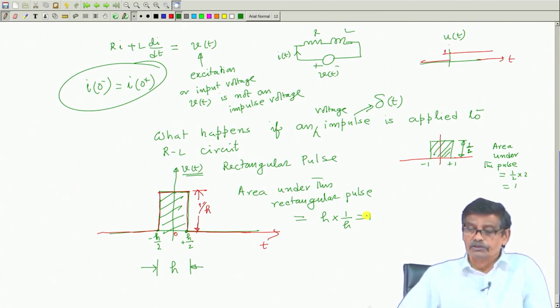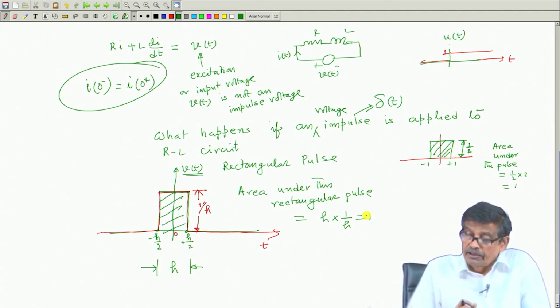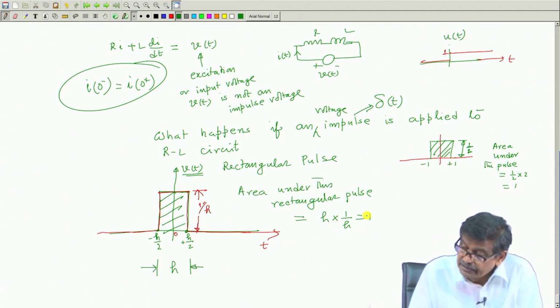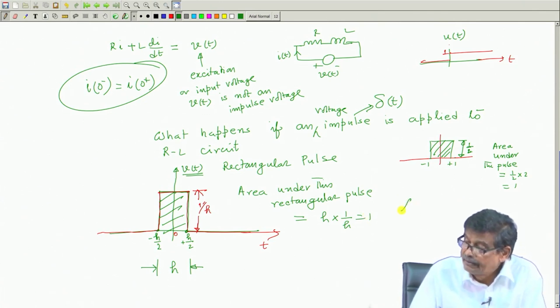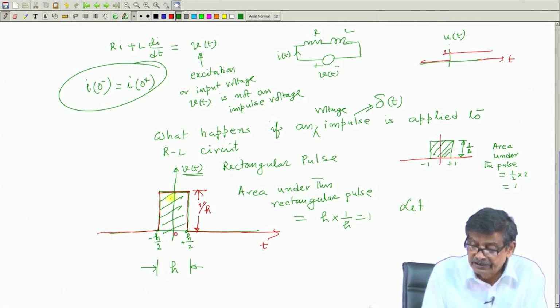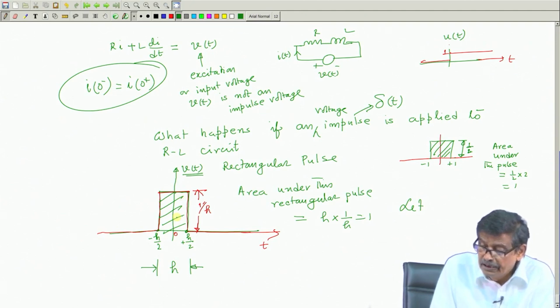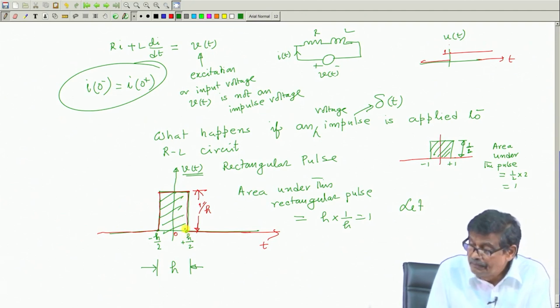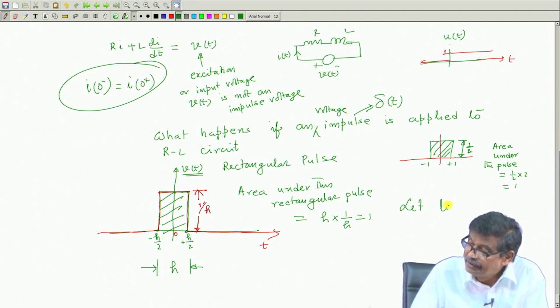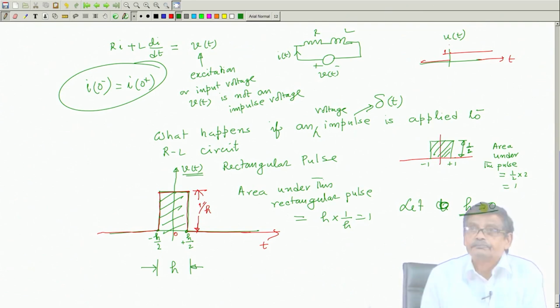But now I am telling you one very interesting thing. Let me try to make h tend to 0 for this rectangular pulse. Then what will be the fate of this rectangular pulse?